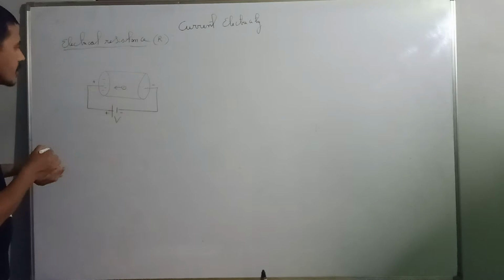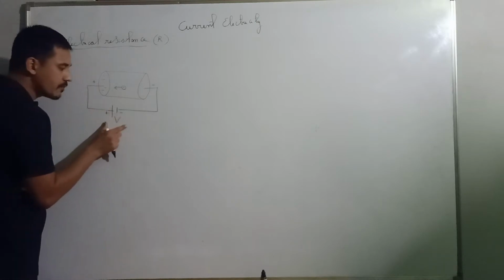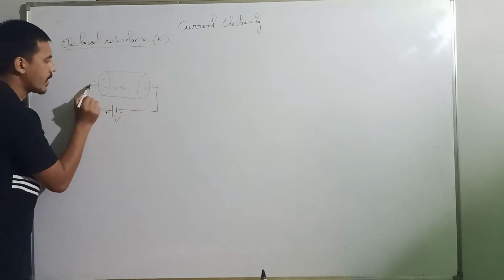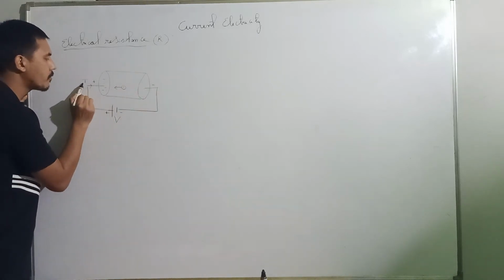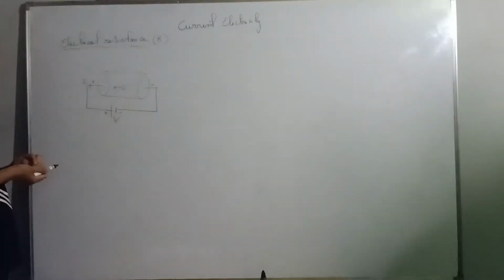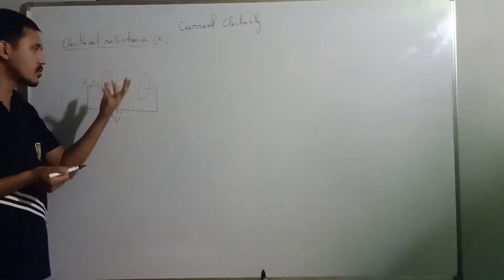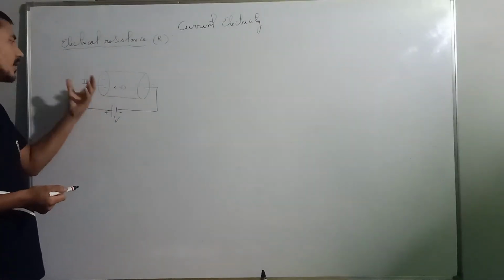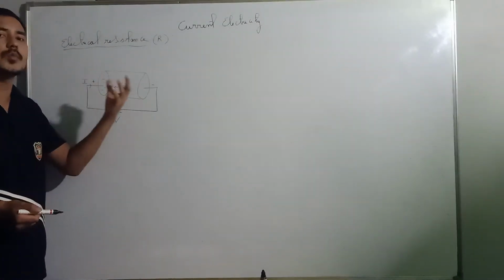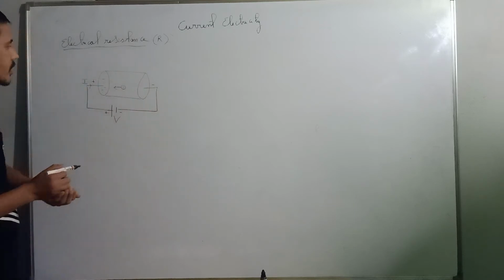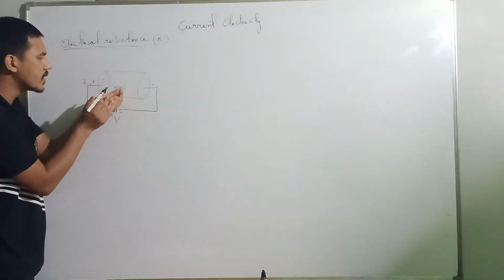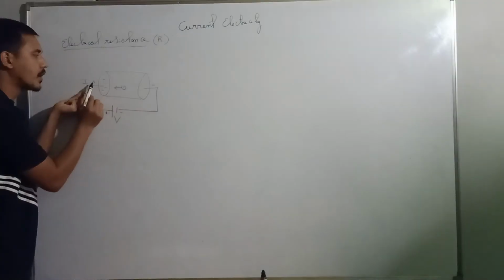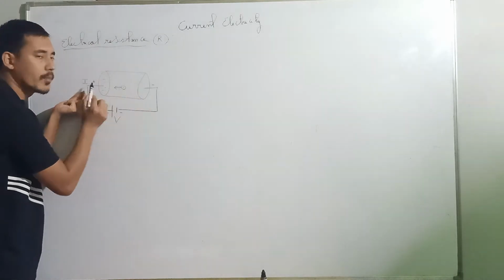Suppose a potential V is applied across the two ends of the conductor and a current I flows through the conductor. The battery never supplies electrons to the conductor, but it drives the electrons in continuous motion. If the electrons move towards the positive end of the conductor, the current flows in the opposite direction.